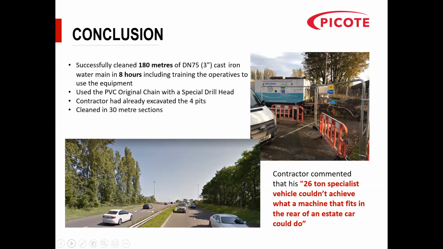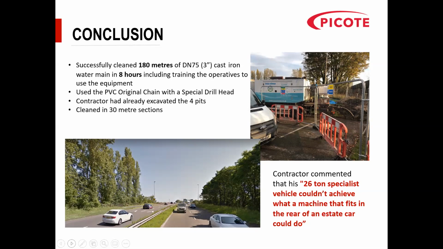That also included us training the operatives how to use the machine. As previously mentioned, we used the PVC original chains and a special drill head, and we were able to clean in 30-meter sections. The contractor then commented that his 26-ton specialist vehicle couldn't achieve what a machine that fits into the rear of an estate car could do.